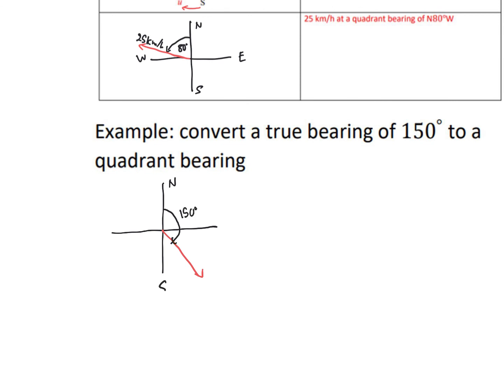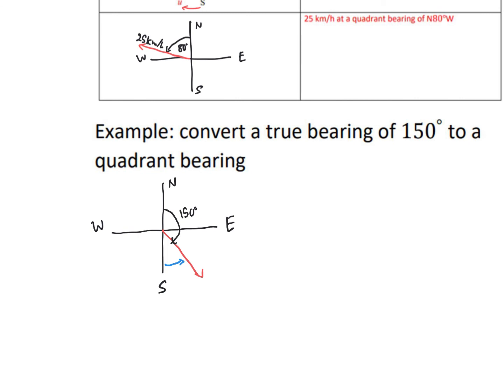Now remember, we always measure from either north or south. The resultant is closer to the south than the north. So I'm going to start at south and I will be headed, I didn't put this on here, east and west. This resultant is starting at south and is headed towards the east. I need to determine that quantity between the south and the resultant.